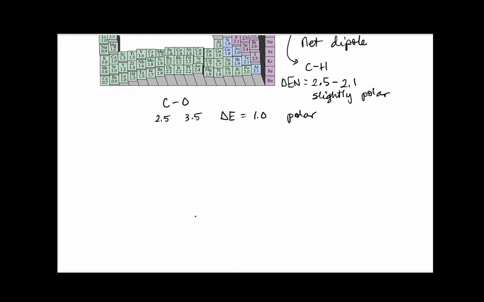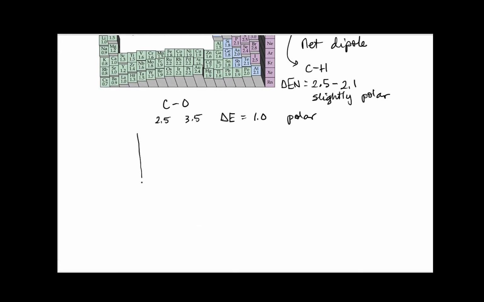If we think about the polarity of this molecule as a whole, and we think about this molecule on two-dimensional axes, because it's a flat molecule, if I put my carbon here and my oxygen here and my two hydrogens here and here, then if I think about the dipoles here, I'm just going to draw these as arrows.